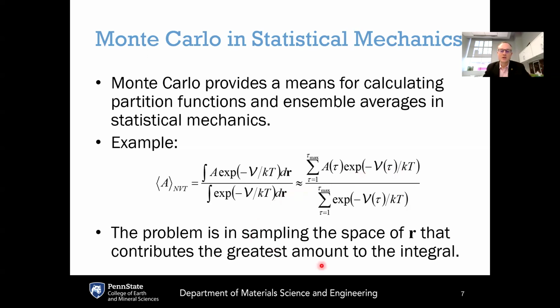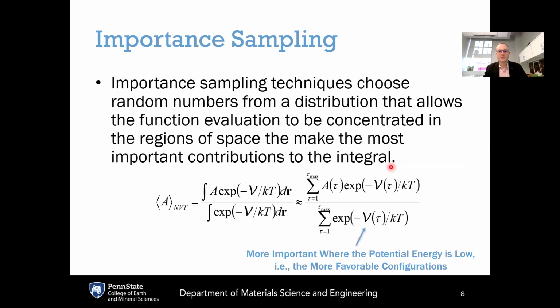So what we need to do is figure out a way not just to sample randomly over phase space, but to do that sampling in an intelligent fashion that biases the sampling towards the regions of phase space that contribute more to the integral. That is just a more effective use of our computational time.